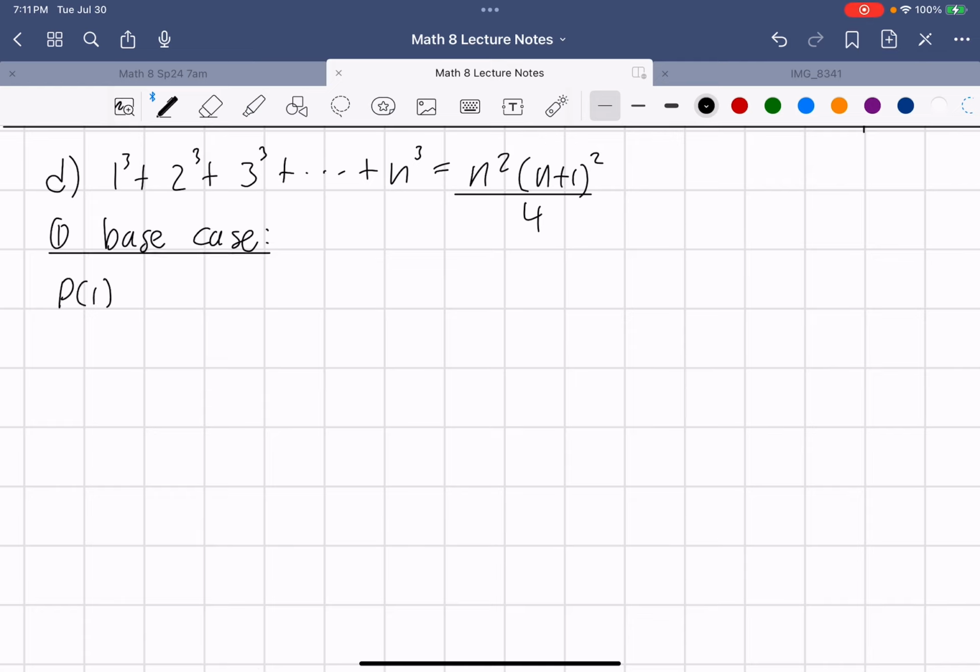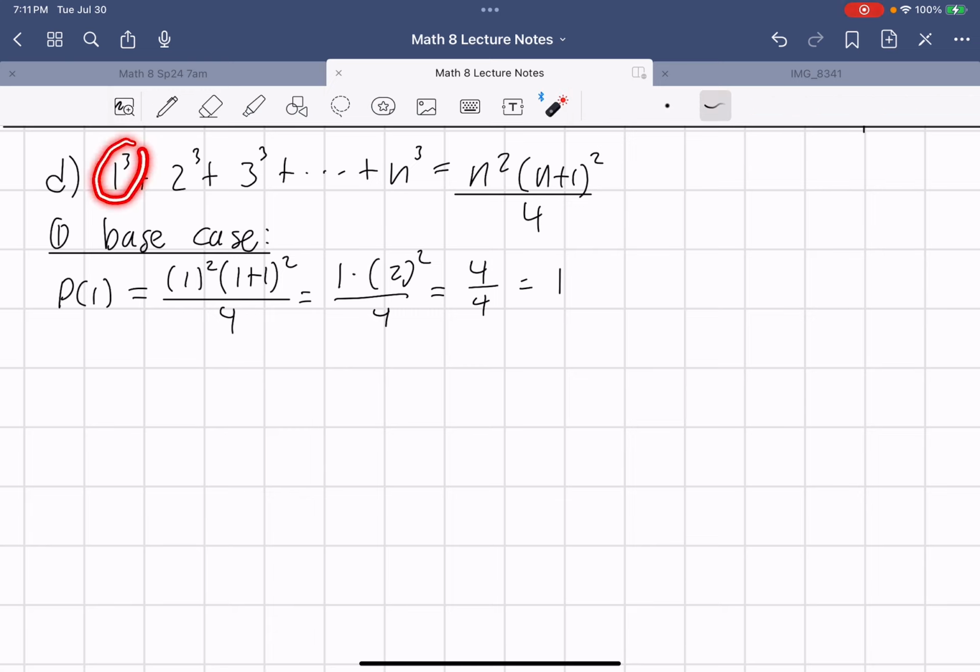Right, P of 1 is equal to 1 squared times 1 plus 1 squared all over 4, which is going to be 1 times 2 squared over 4, which is 4 over 4, and that's equal to 1, which technically is 1 cubed.